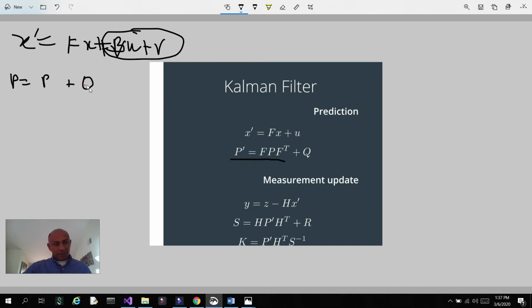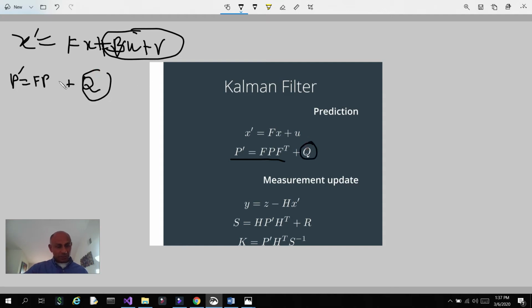Error of estimate plus error of measurement. So new error is, or predicted error is, no, sorry, I take it back. The predicted error is the old error plus the process noise covariance matrix, and we haven't looked at this term yet.